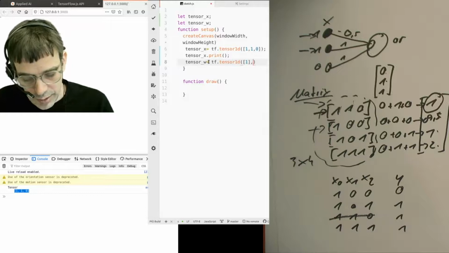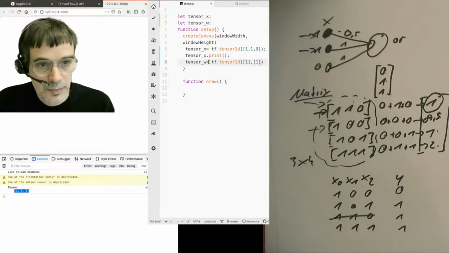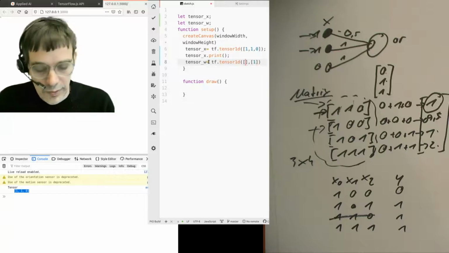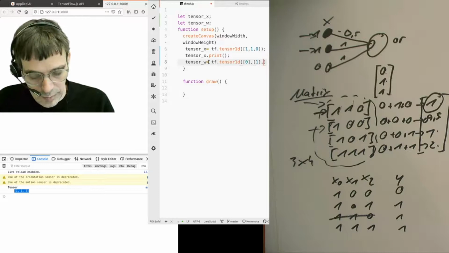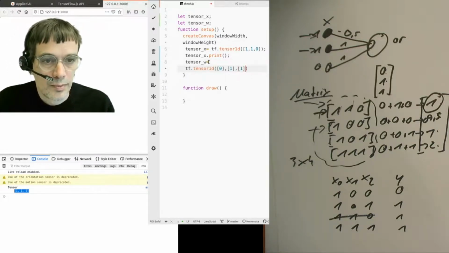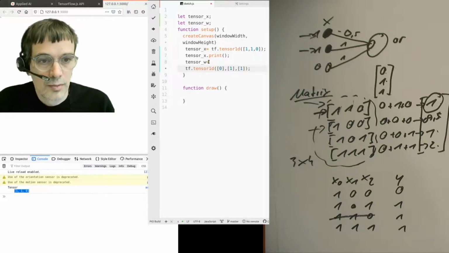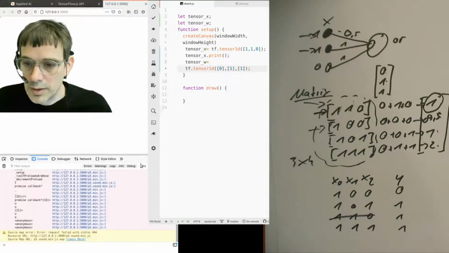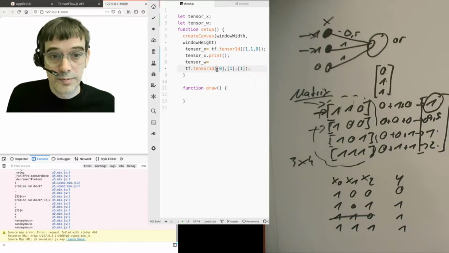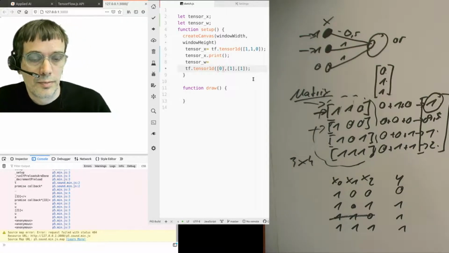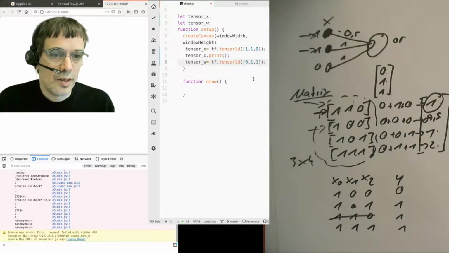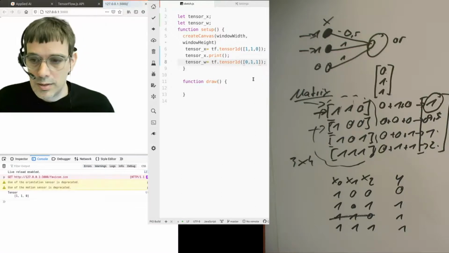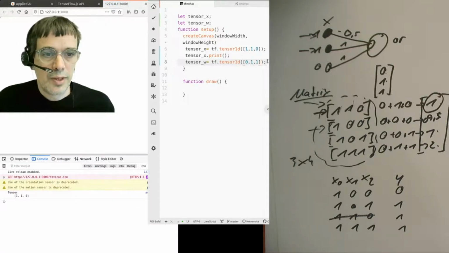I'm not sure here. Wrong value anyway. Let's see. No, that was wrong. I don't know how I define this. If we print that vector as well.